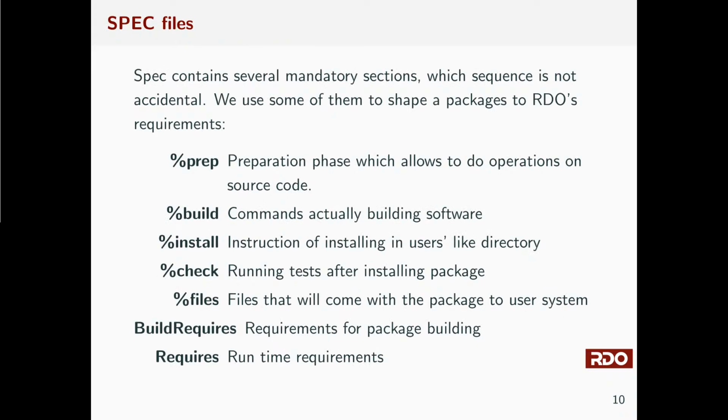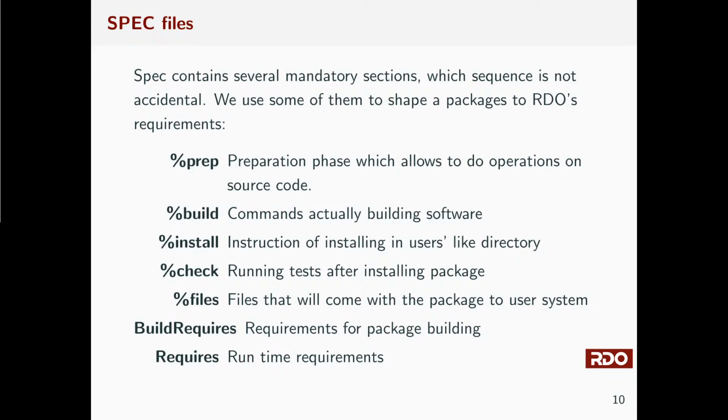These files contain several mandatory sections, whose sequence is not accidental. We use some of them to shape package dependencies at RDO. Of course, they are not all of them, and specification files can be very complex; this is just the part we mostly interact with.